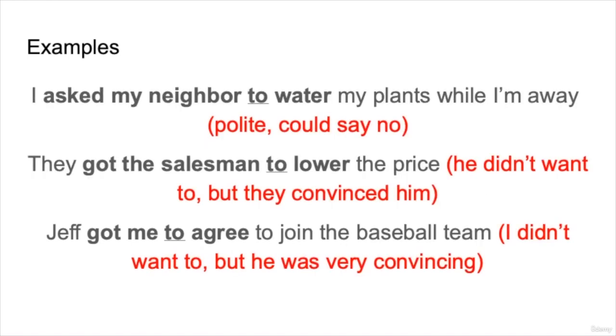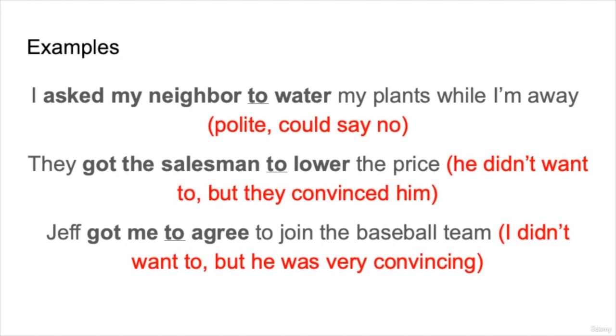So the nuances of these 3 sentences are as follows. I asked my neighbor to water my plants while I'm away was a polite request. My neighbor could say no because there's no reason why they couldn't. They got the salesman to lower the price. The salesman didn't want to lower the price, but they convinced him.